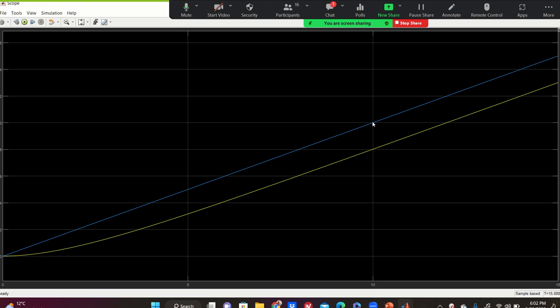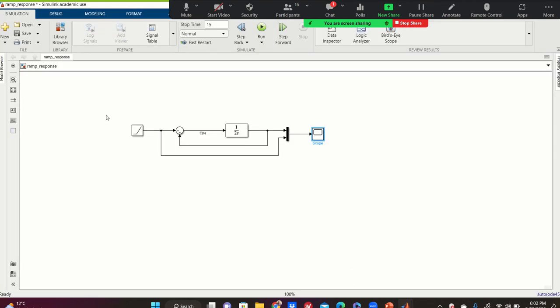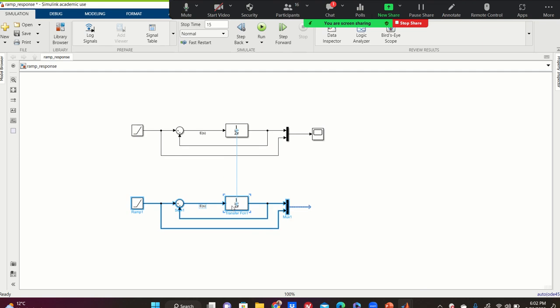And here is exactly 2. See, 10, 8, say 12, 10, 14, 12. So exactly this. So going here, I just wanna copy and paste this to make a comparison.